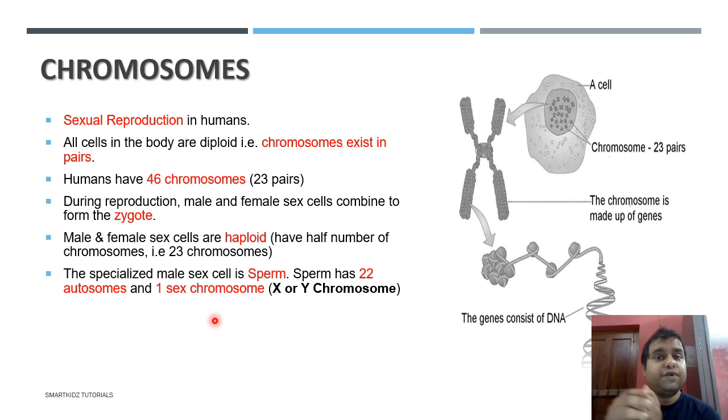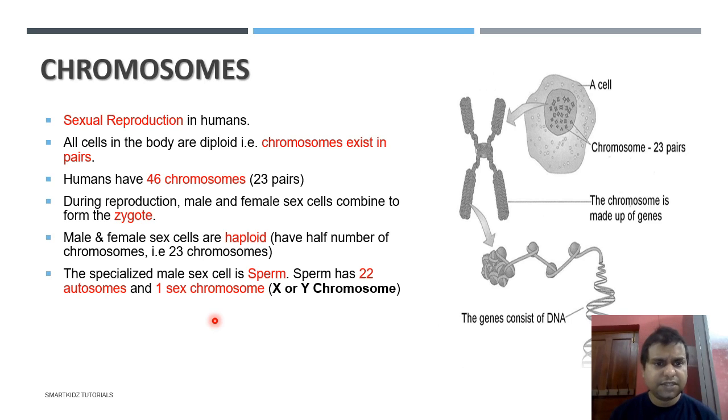So if you are a girl, that means your father has donated an X chromosome. And if you are a boy, it means your father donated a Y chromosome. So it is dependent on the father and not the mother whether you are a boy or a girl. We'll learn about this in sex determination when we move further in this chapter.